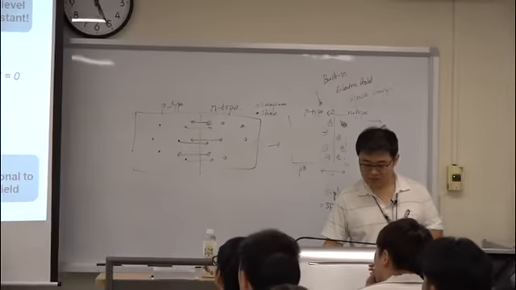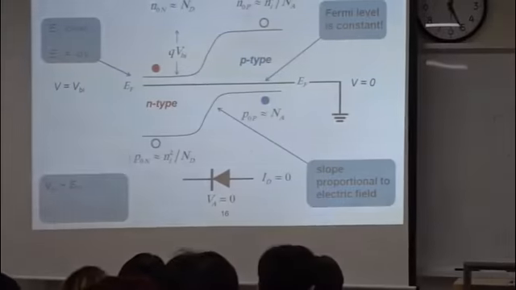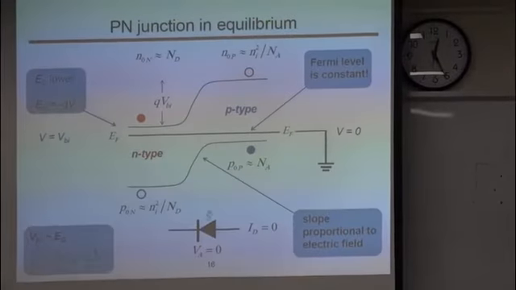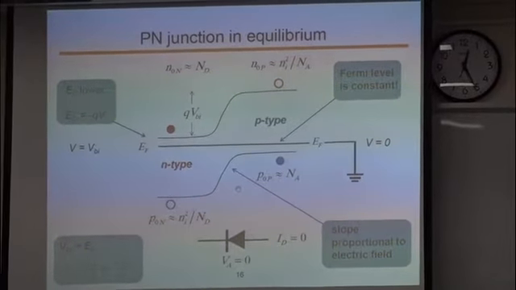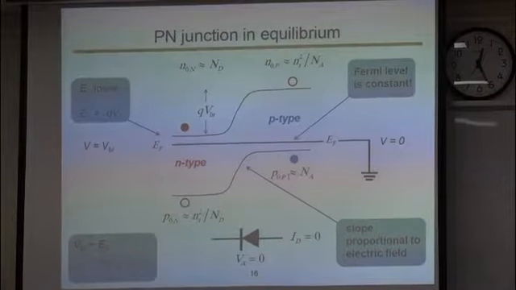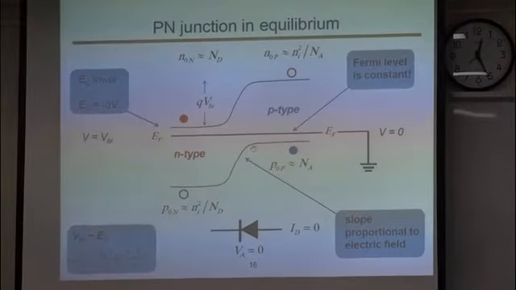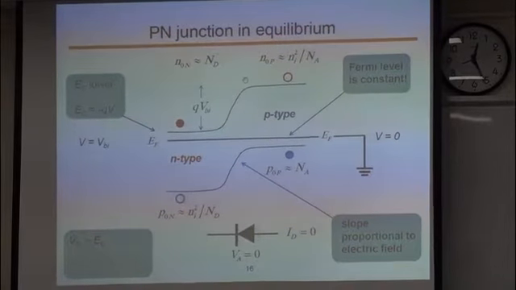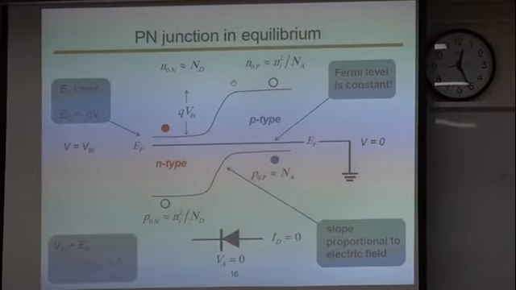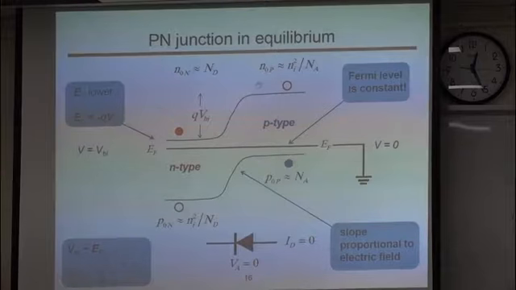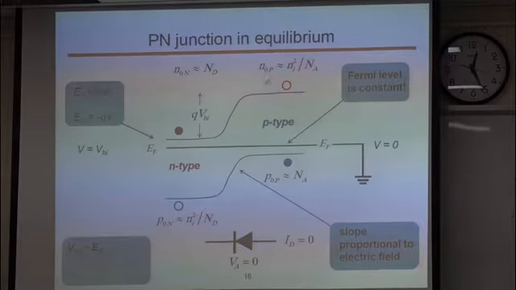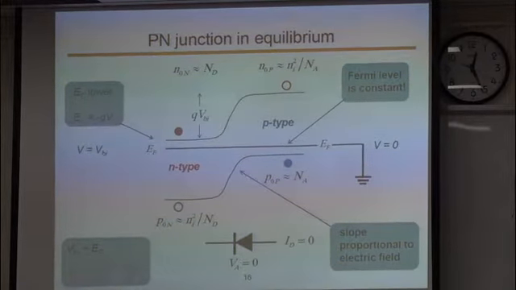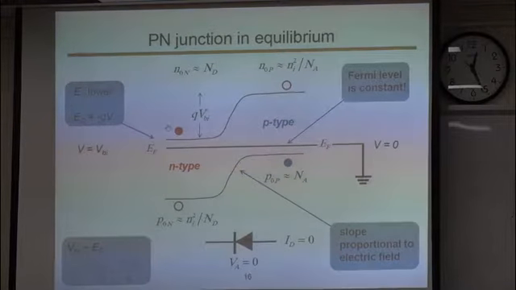So electrons are in the valence band here, and if we absorb the solar light, then the energy generated by the solar light will allow the electrons to be excited to the conduction band. And the electron excited from the valence band to the conduction band will move to the n-type.